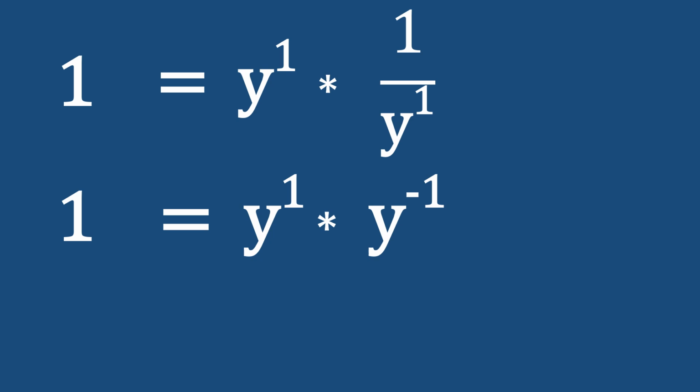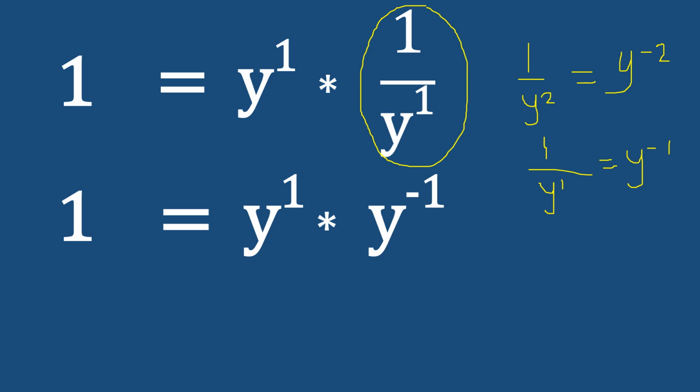We know clearly that when we have 1 over y raised to the power of 2, for instance, this is the same as y raised to the power of minus 2. So like we have here, 1 over y raised to the power of 1 will be equal to y raised to the power of minus 1. So that's why this now transforms to this.